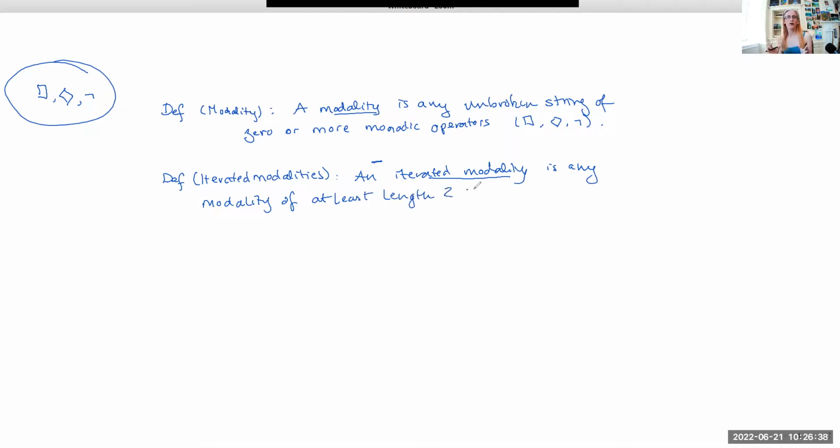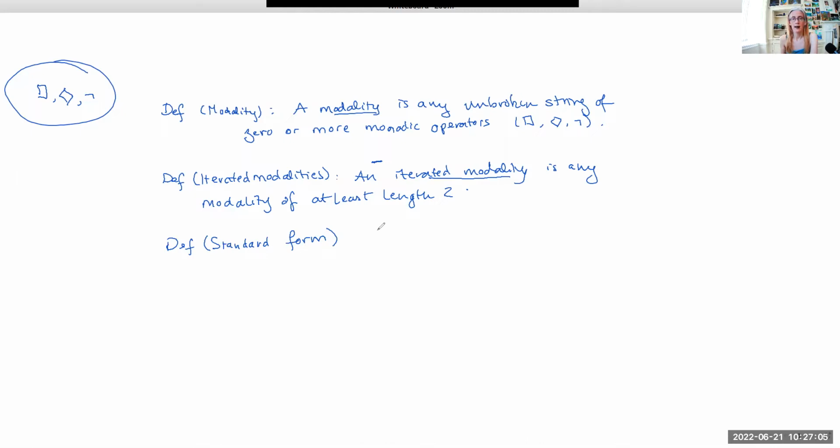Having this vocabulary will allow us to talk about modalities at a very high level of generality. However, there are sometimes times where it would be useful to input some structure onto these modalities. And so I'm just going to give you the notion of a modality, iterated or not, that is in standard form.